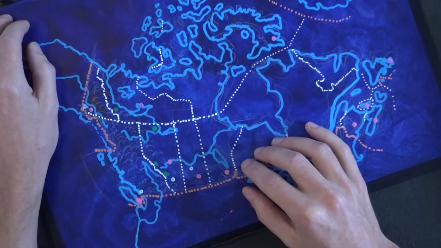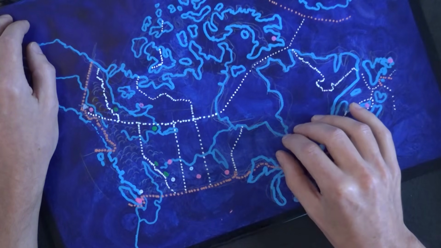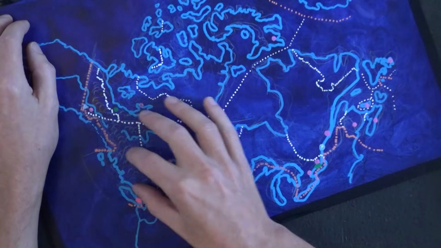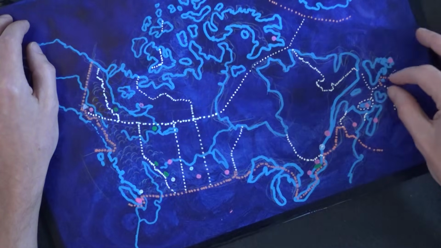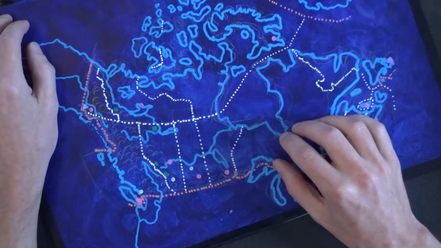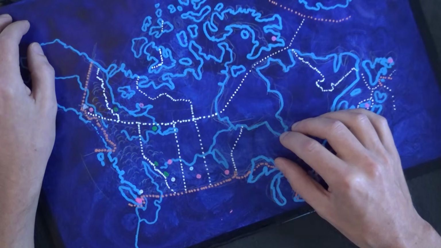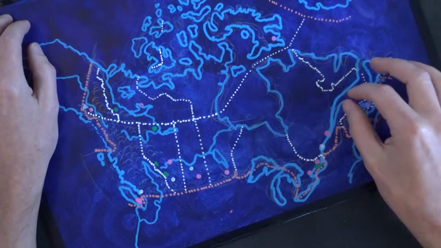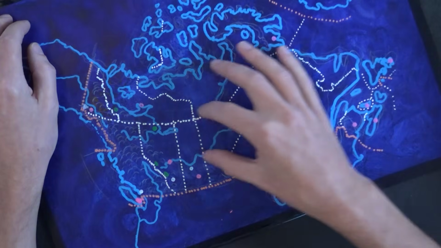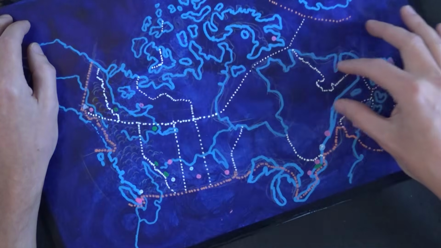And then we have the humid continental climate, a large part of Canada, like this. And the subarctic or subpolar, polar, like this.